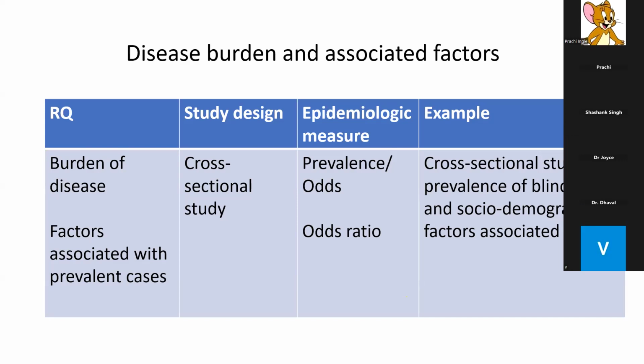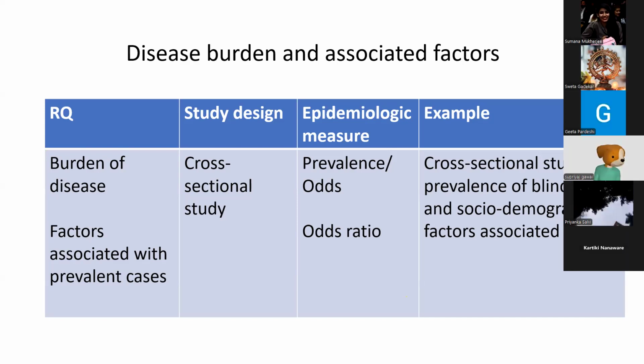The characteristic feature of which is that there is a single interaction between the investigator and the respondent. It is the easiest study to do, and majority of the studies conducted for the thesis or for the small projects are cross-sectional studies. So the epidemiological measure which we estimate by using such studies are the prevalence rates or the odds and the odds ratios.